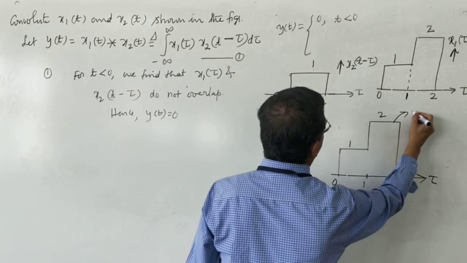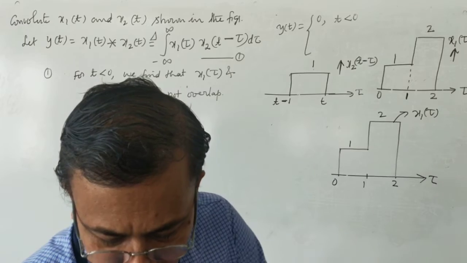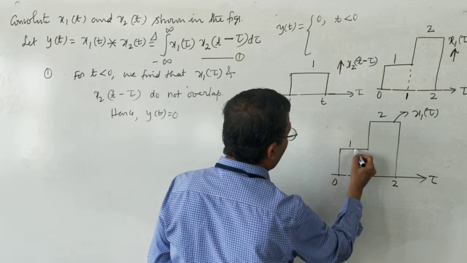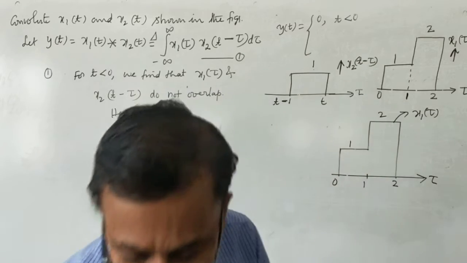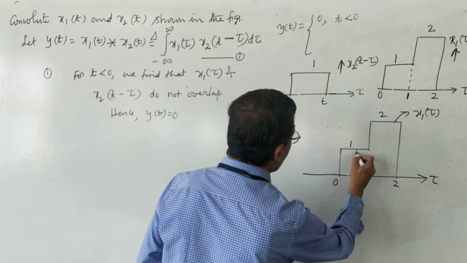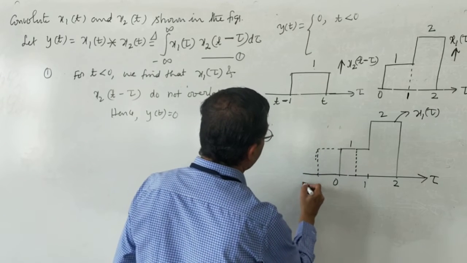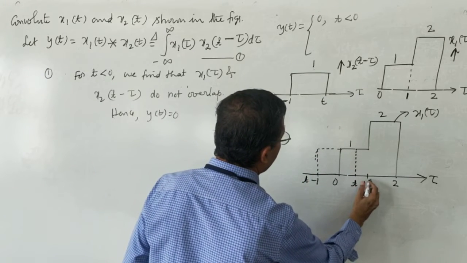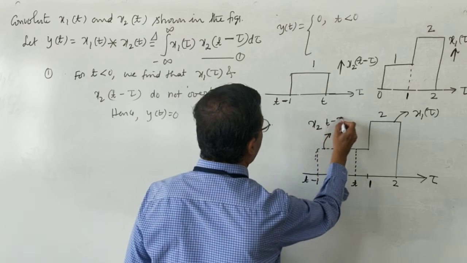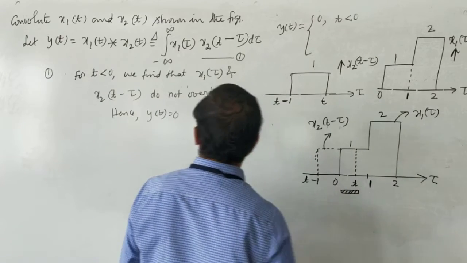This is the sketch of x1 of tau. x1 of tau is held stationary. x2 of t minus tau now we push to create the overlap. x2 of t minus tau will be shown always dotted. It starts at t minus 1, ends at t. This is the sketch of x2 of t minus tau. This is the overlap.